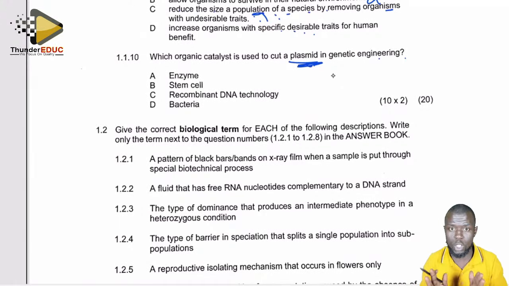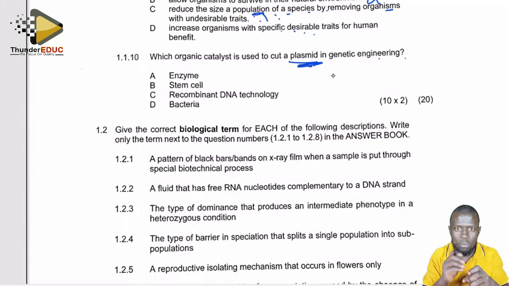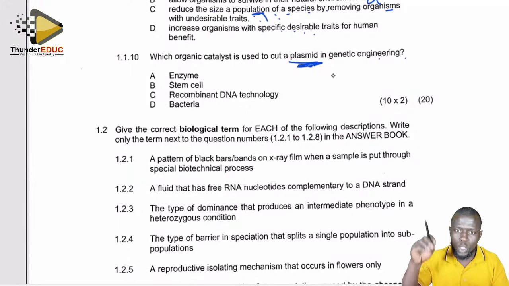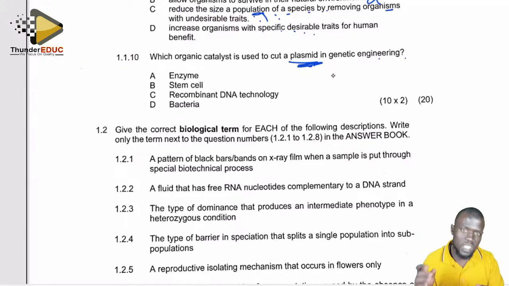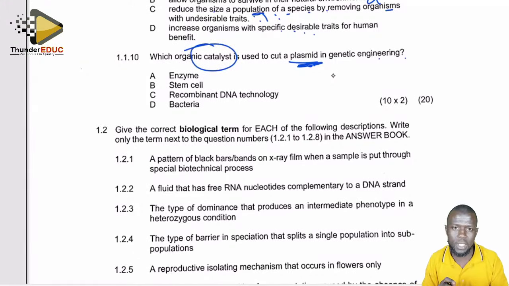Restriction enzymes cut at a specific area of the genetic material, so they are used to cut the plasmid's DNA so that the one you want to multiply is inserted inside. When they say organic catalyst, we are talking about enzymes, specifically the restriction enzymes.